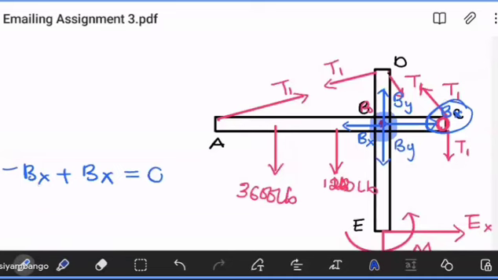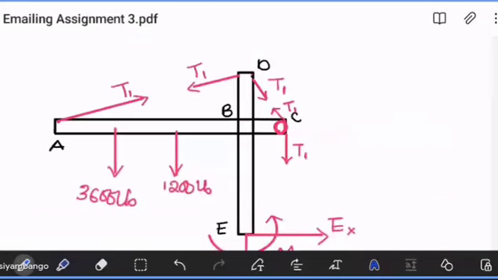In the same way, we have By going up and By going down. Again, they cancel, taking us back to the setup where at point B we had 0 as the external force. That is the whole logic there.